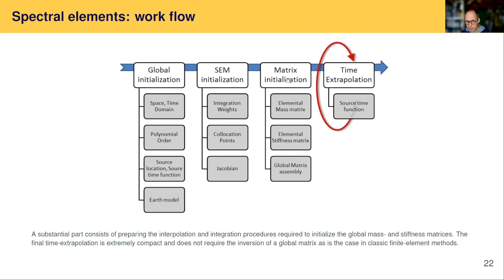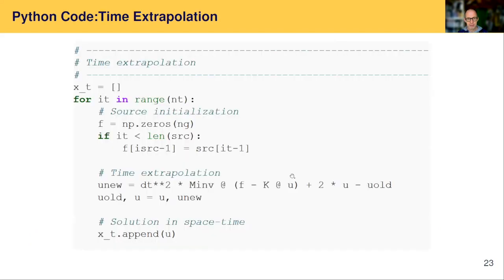All this allows you to calculate the elemental mass and stiffness matrix, and you have to then put all these together. We didn't talk about this global matrix assembly. Put it all together to have this linear system of equations that you then solve in the time extrapolation.